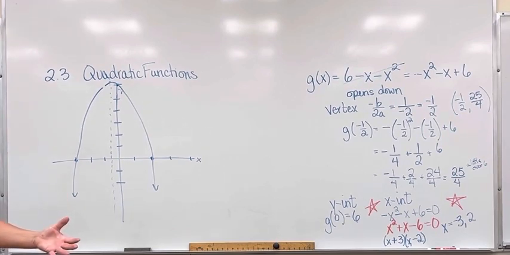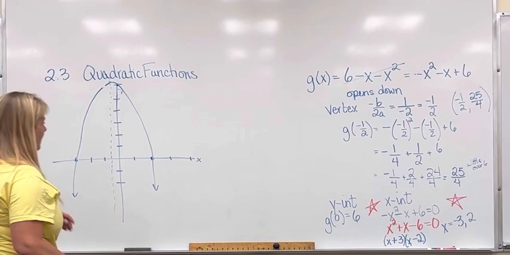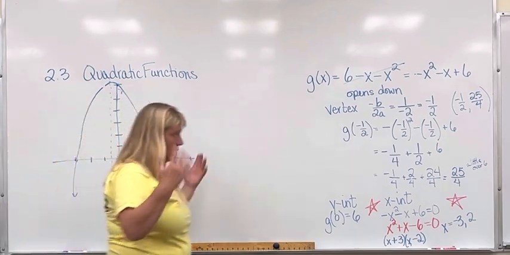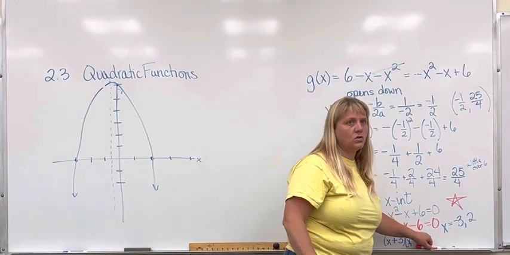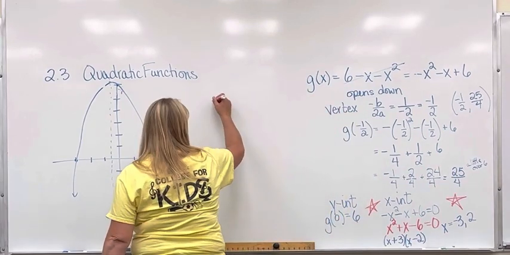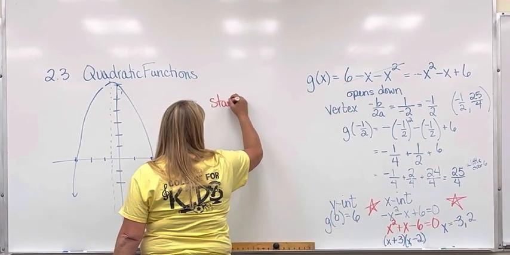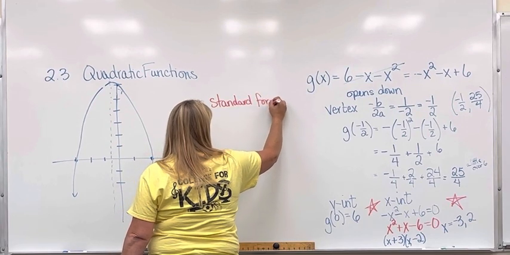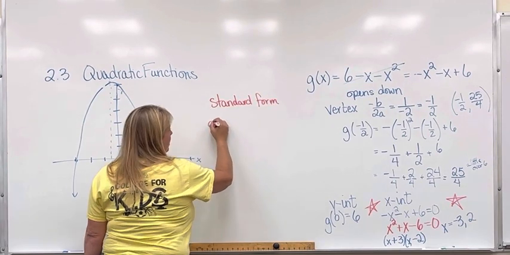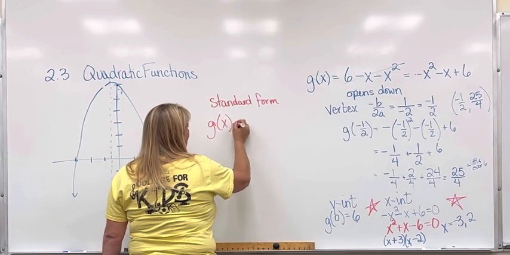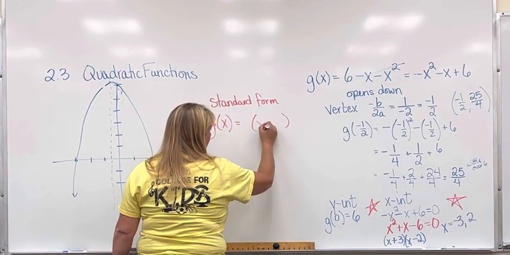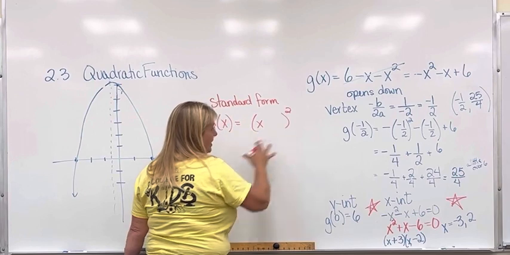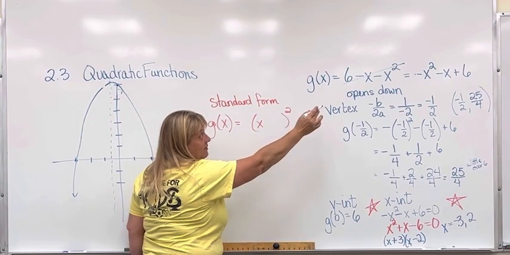Now, again, it's going to say, rewrite this in standard form. Again, like I said, who knows why, but if that's what they want, we can do it. So standard form. So this was g of x. Now, on this one, it had a negative out in front, didn't it?